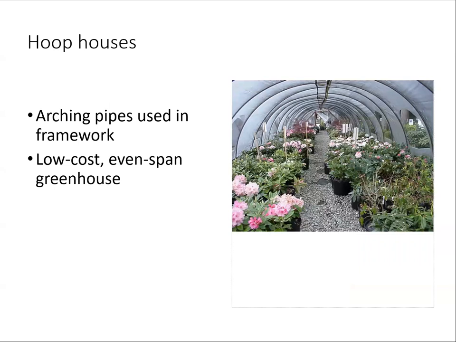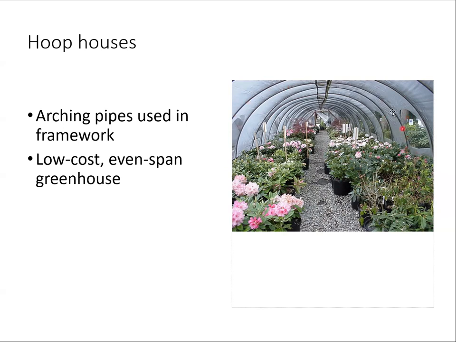Hoop houses are a little bit different than the rest of the ones that we're talking about in this lecture. Hoop houses are probably the lowest cost greenhouse structure that you can install. And essentially, it's installed using arching pipes as the framework.